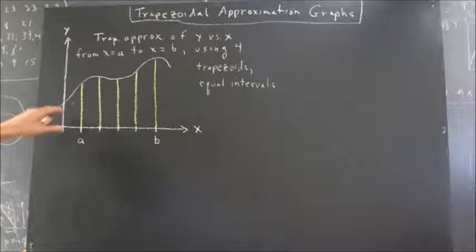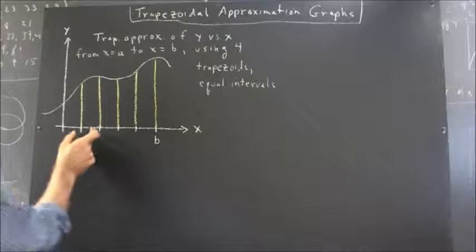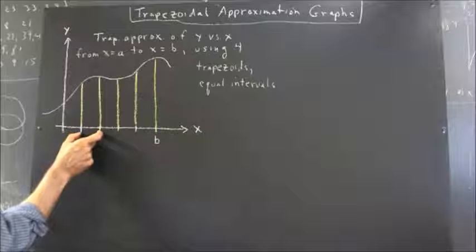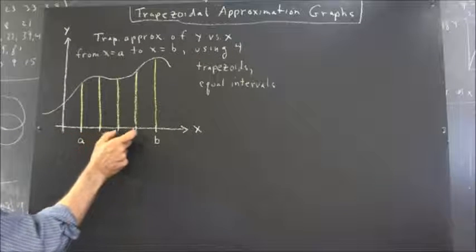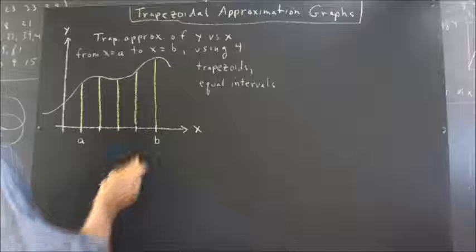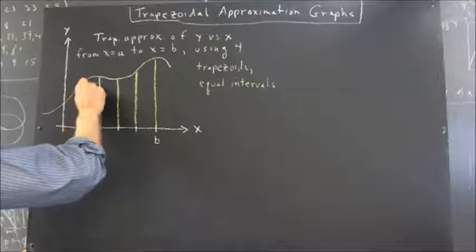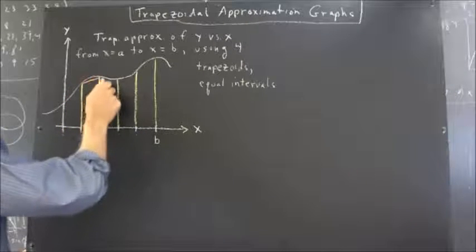Right now we just have projection lines, so we put the projection lines for one trapezoid here, another here, another here, and another here. Then I do the slope segment for each.